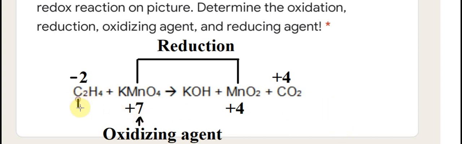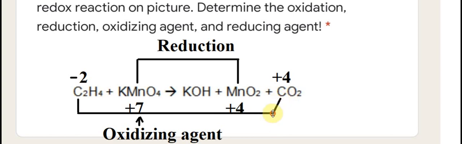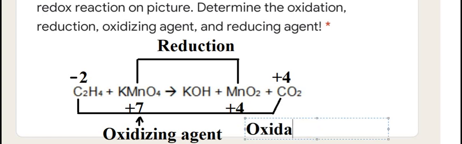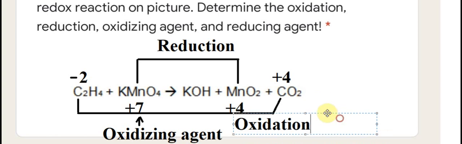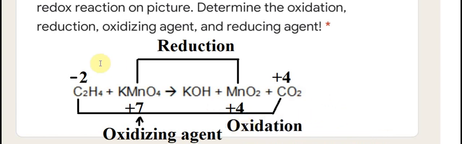So in here we can see that the oxidation state of the carbon goes up from -2 to +4, so we call this oxidation in here.